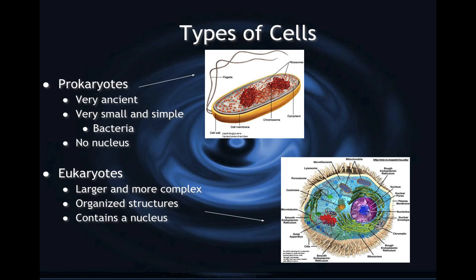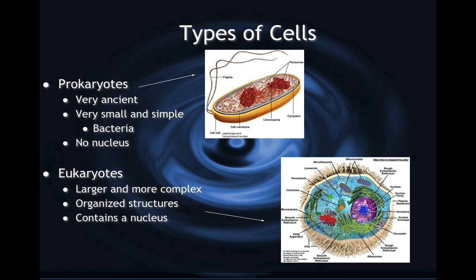Then we looked at the two types of cells. The prokaryotes are very old bacteria-like cells. They're very ancient. Ancient means old. They're smaller than eukaryotic cells, much simpler than eukaryotic cells, and they have no nucleus.